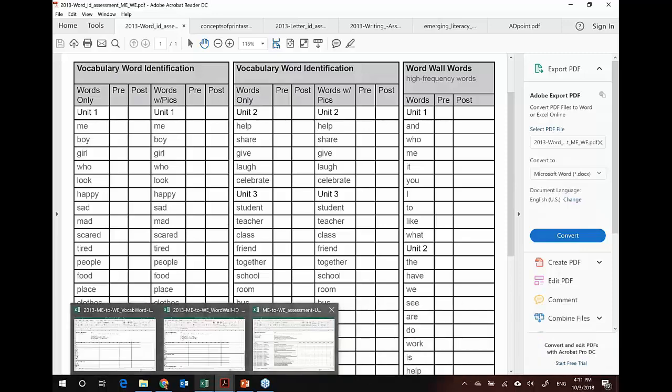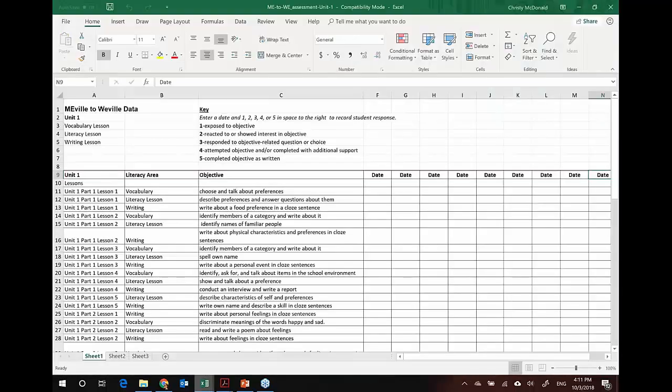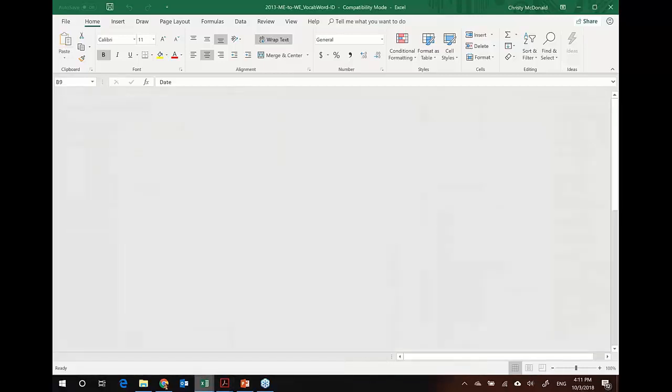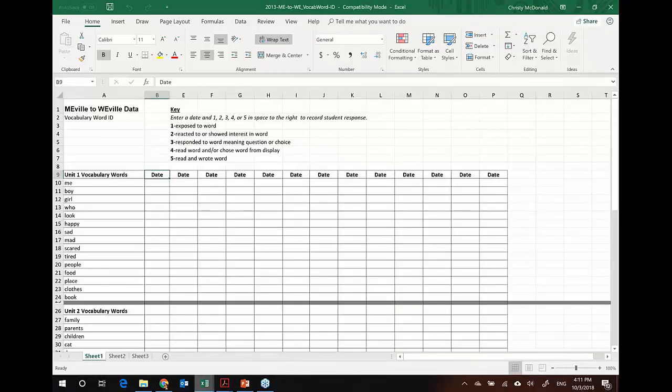Now, some people prefer to use something that has a little bit more information, and so the makers of MEville to WEville created this data collection form, sorry, this one, that contains, again, all of the Unit 1 words and a series of dates that you can use to indicate where the student is in terms of their understanding of the word.